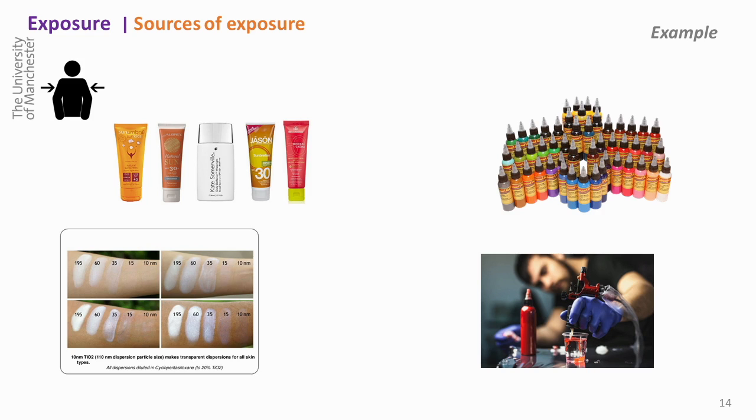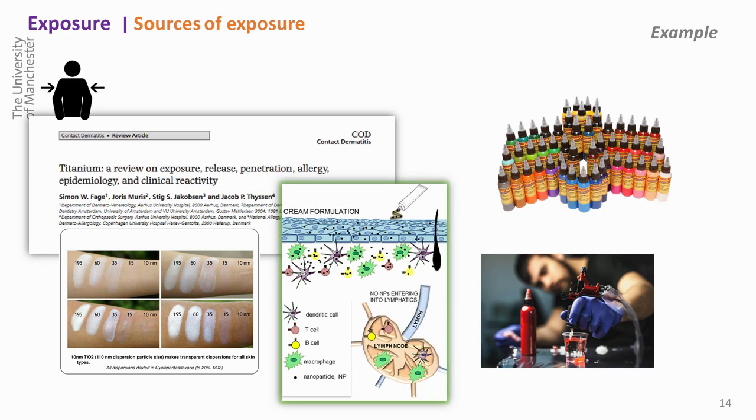Tattoos are also not very great, as you have all these pigments that can interact with the body. The way it works is basically they go through the skin and interact with the lymph nodes, so the lymphatic system.